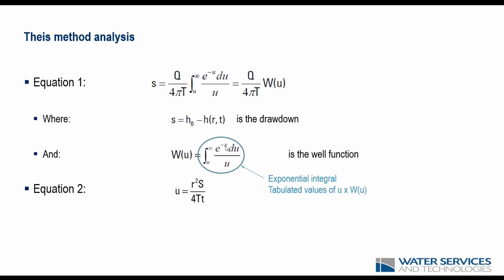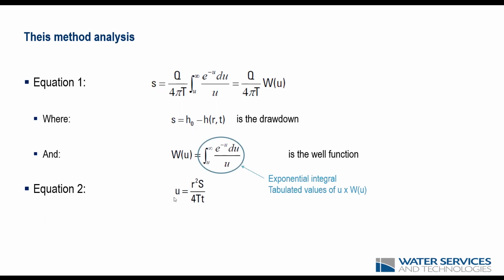So the well function is given by this integral here. Lucky for us, the solution for this integral has already been calculated, and it's standard values, and we have a table containing these values. So it's just a read from what you get in your chart when you overlay your type curve and your field curve.